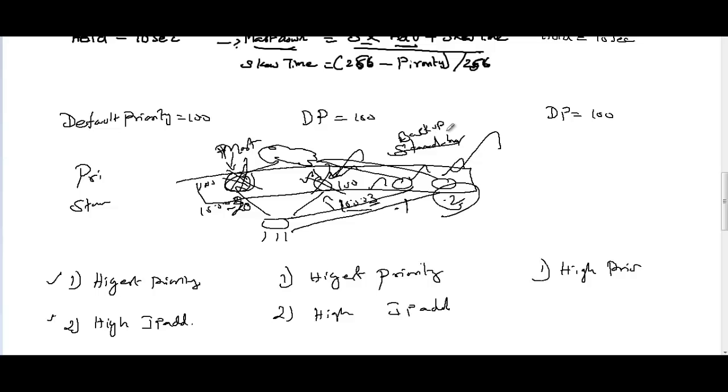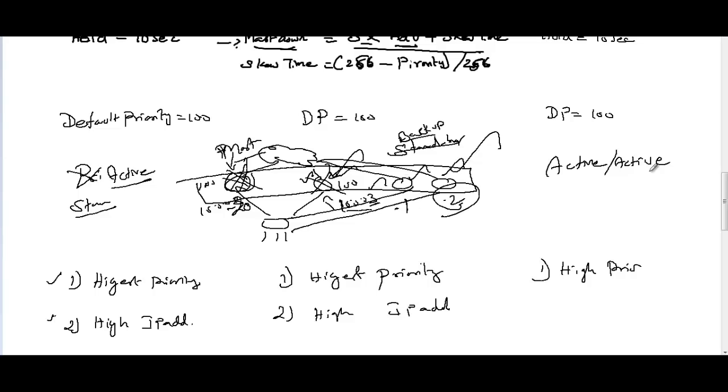That's the term that VRRP uses. Sorry, this is not primary, this is active. In HSRP active and standby, in VRRP master and backup. In GLBP, you know what GLBP is, both are active. That's why load balancing happens.